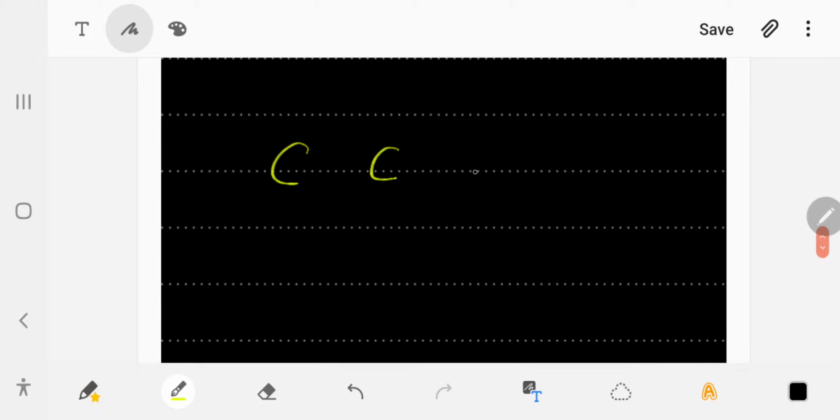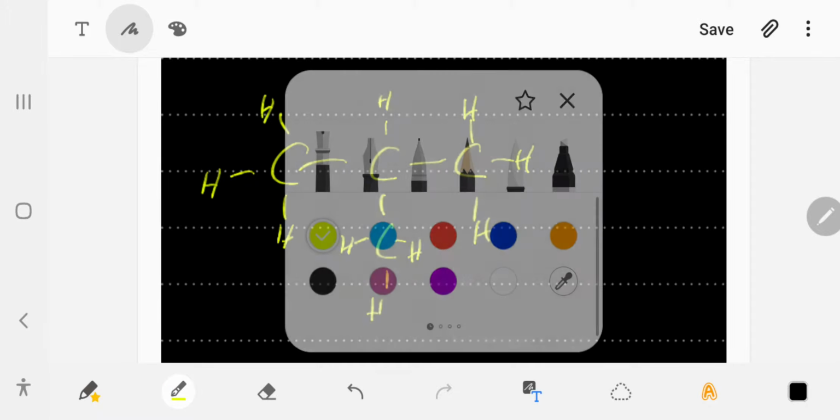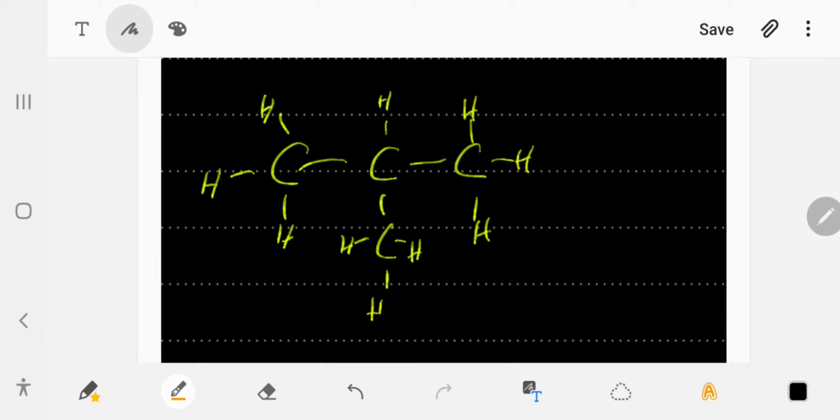1, 2, 3, 4, H, and H is here. How will we find the name of this compound?